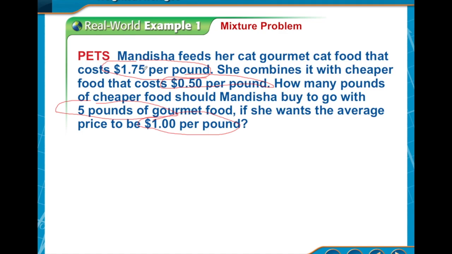It costs $1.75. She also is going to combine it. So she's mixing in gourmet food with cheap food that's only 50 cents. The question is, how many pounds of cheaper food should she buy to go with 5 pounds of gourmet food if she wants the average price once she mixes it to be $1 per pound? So there's an equation there hidden in all of that.